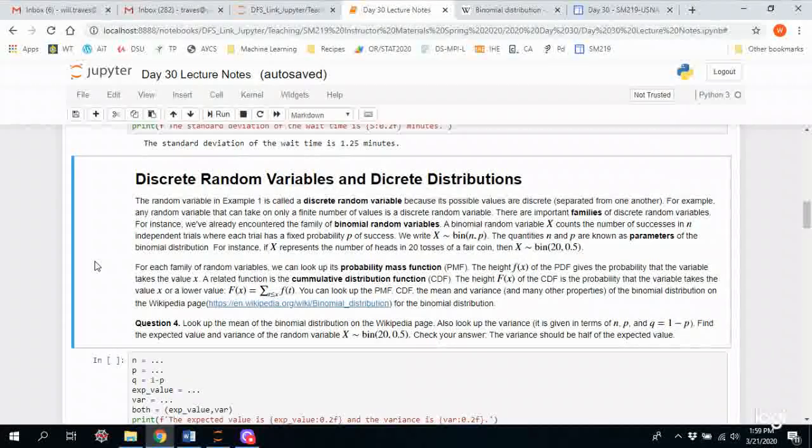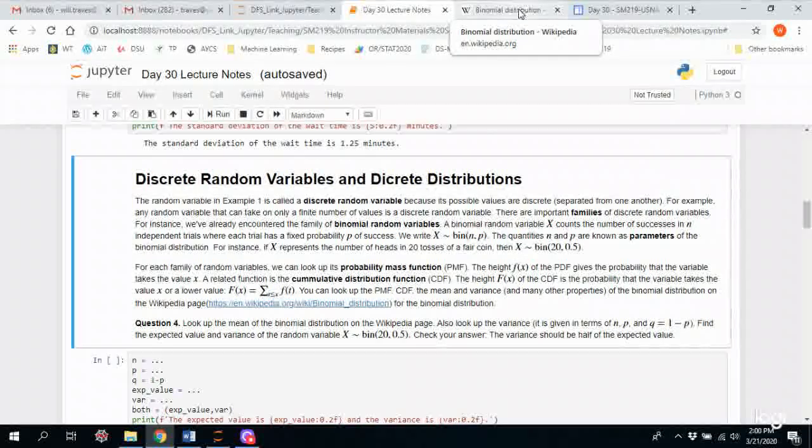And you can also look up an important related notion called the cumulative distribution function, the CDF. And the height of the CDF function is the probability that the variable takes the value x or a lower value. Okay. And you can look up the PMF, the CDF, the mean, and the variance, and many other properties of the binomial distribution on the Wikipedia page for binomial distributions.